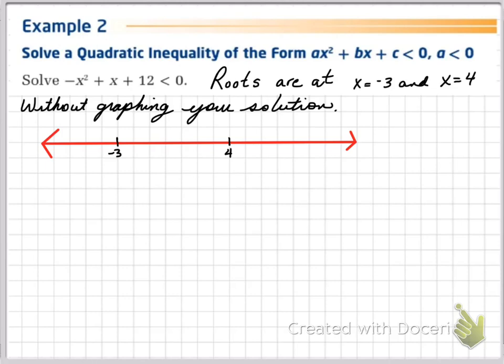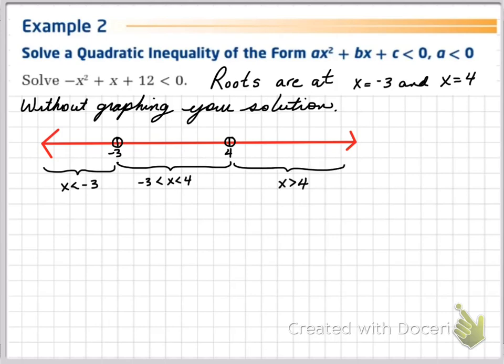Because it says it's only less than 0, we're just going to draw open circles around -3 and 4 because they're not part of our solution. Again, we're going to write our intervals down. This is where x is less than 4 and greater than -3. Over here is where x is less than -3, and on the other side is where x is greater than 4.